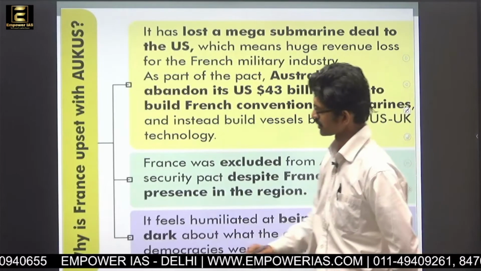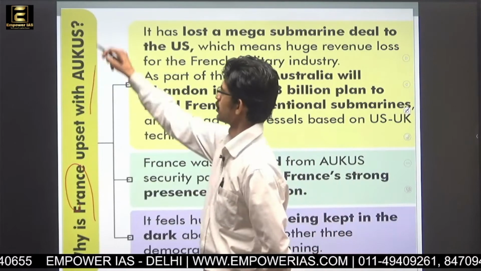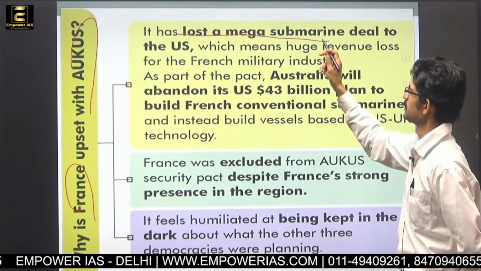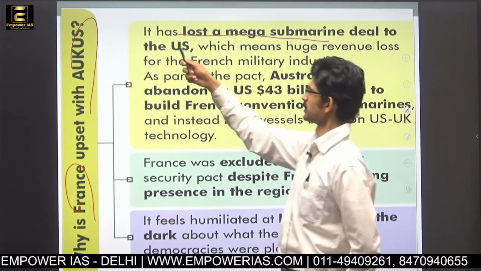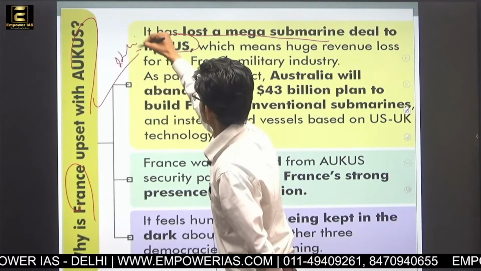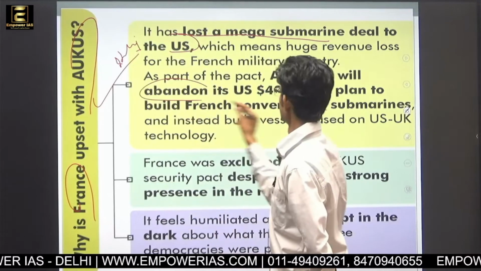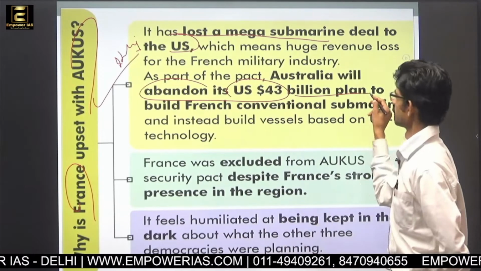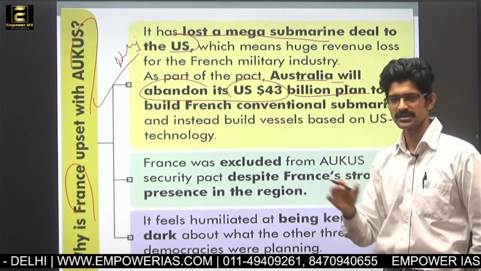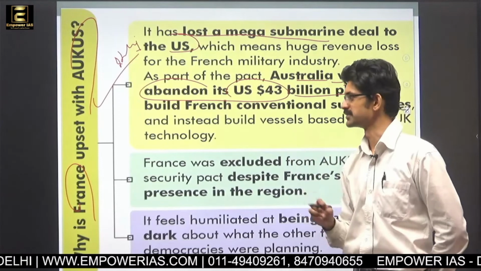So we see why France is upset about AUKUS. It has lost a mega submarine deal to the USA. That is again a part of France's strategic deal. You see, it has been abandoned in the US $43 billion plan by Australia, which again is a step back for France economically.